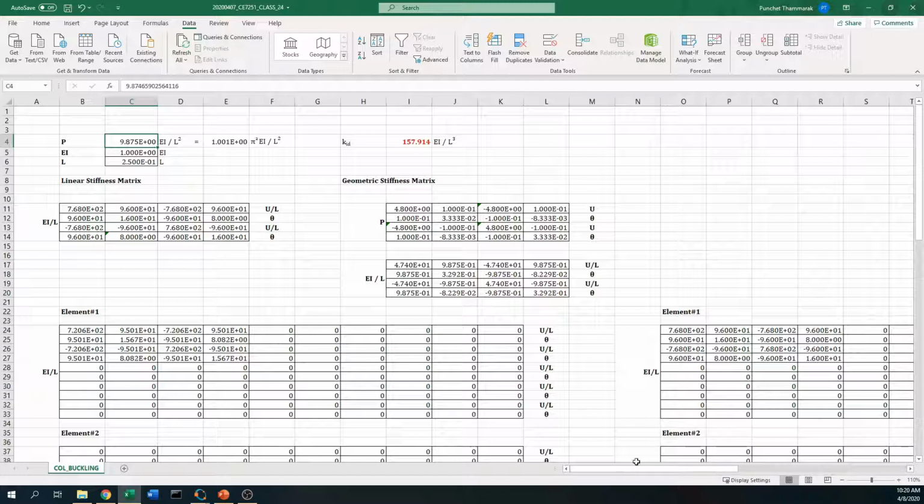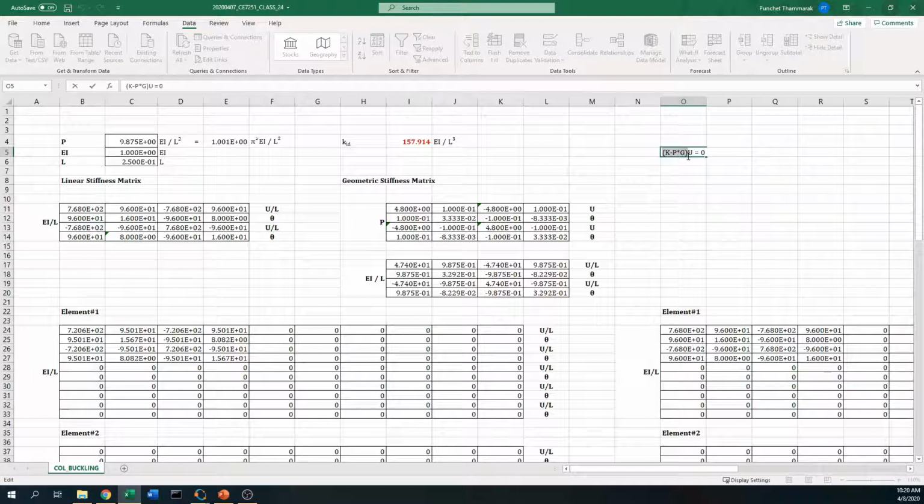So here it is. If we want to do it in Octave, we are going to confront this situation. We have the K elastic, the linear part, times U. Actually, you have K minus P times the geometric stiffness, multiplied by U, and that equals the zero vector. This is the kind of eigenvalue problem we are dealing with.